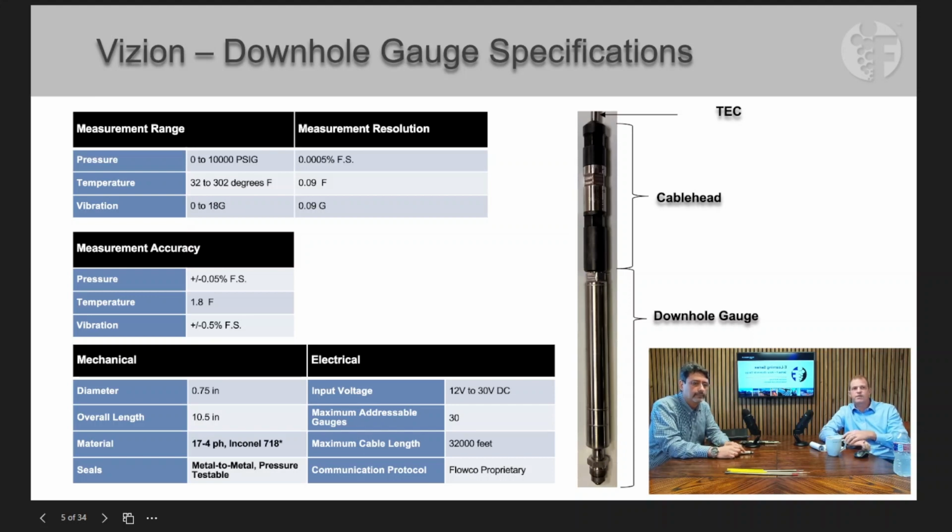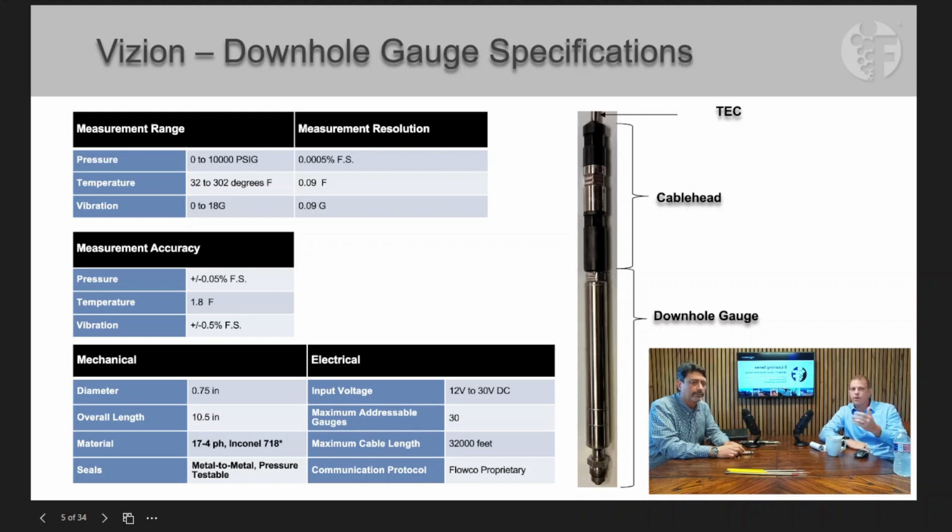Here we have an overview of the gauge itself. This gauge, which Juan's going to show us as well, is usually going to be at the end of the tubing string, or as deep as we possibly can set it, so we can get that data that we're looking for: temperature, pressure, and vibration.